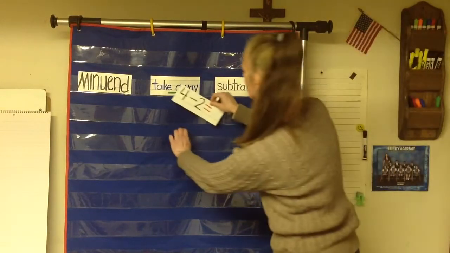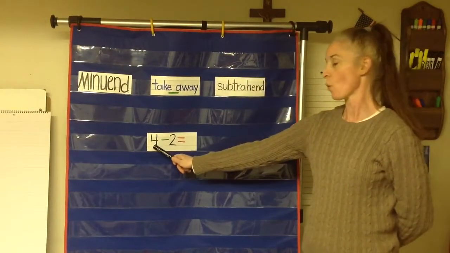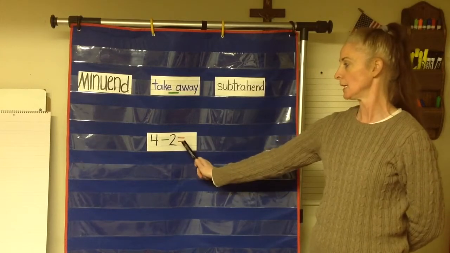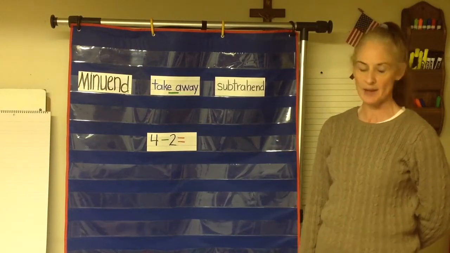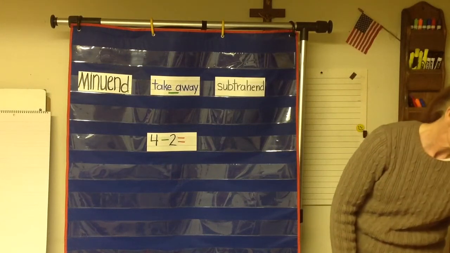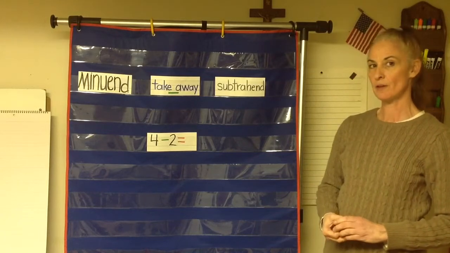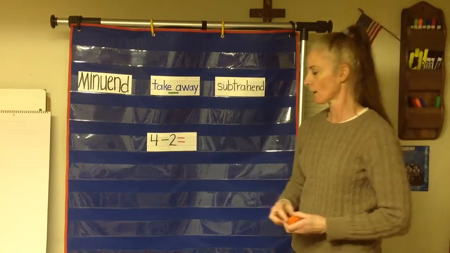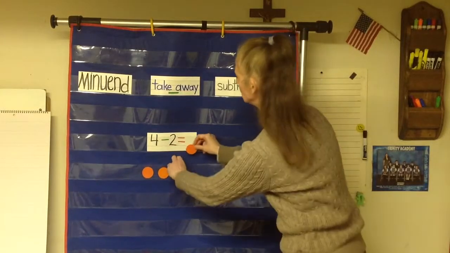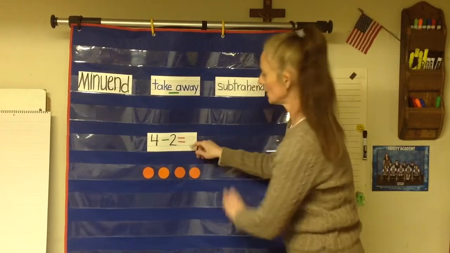Okay, now you're going to write this number sentence. 4 minus 2 equals. Okay, write that. And how many will we start with? Right, 4. We have a set of 4. Green means go.